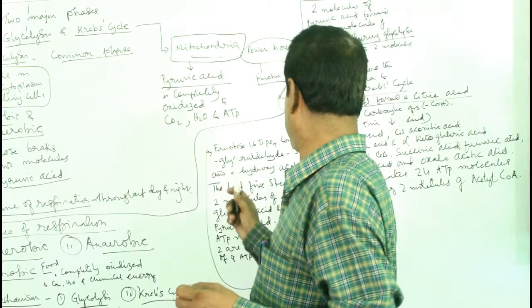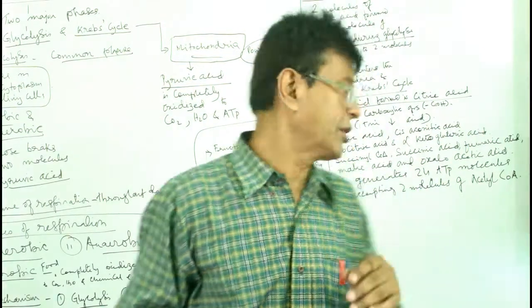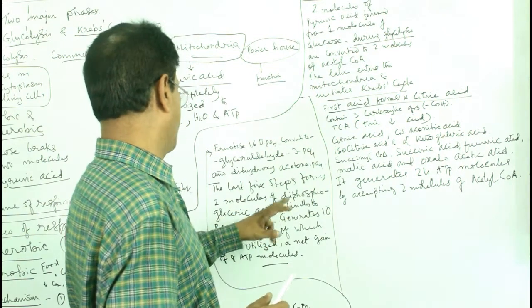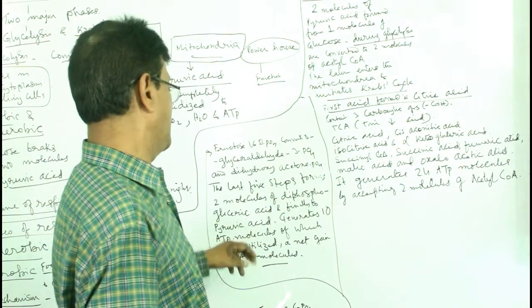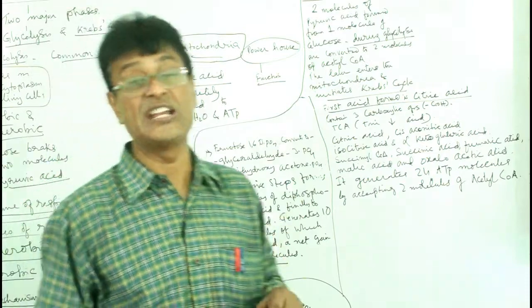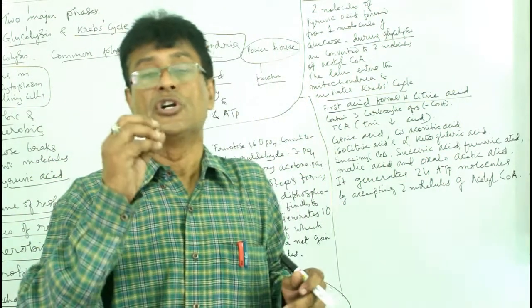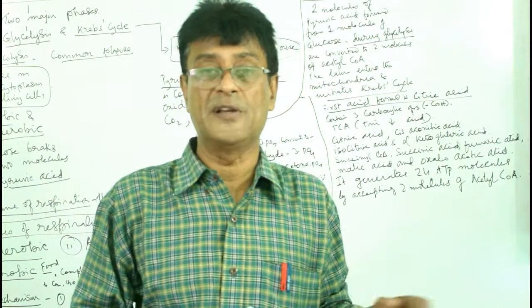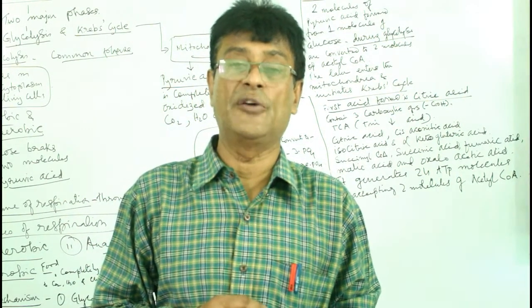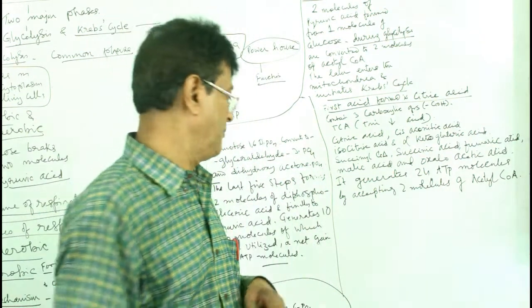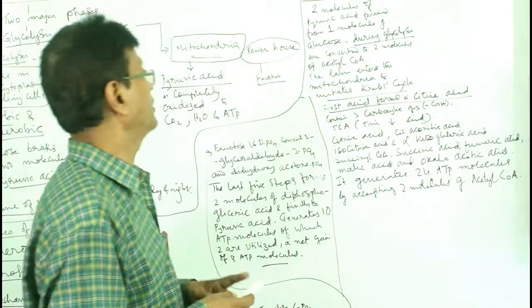The last 5 steps form two molecules of diphosphoglyceric acid and finally 2 pyruvic acid, and generate 10 ATP molecules. Of these, 2 are used, so there is a gain of 10 minus 2, 8 ATP molecules.